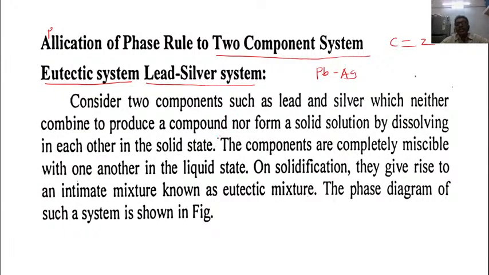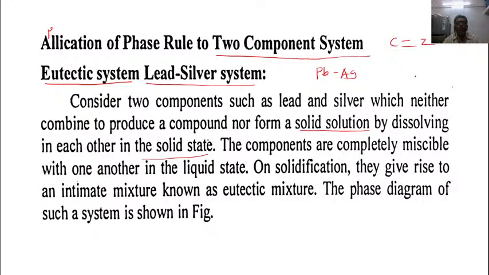Consider two components such as lead and silver, which neither combine to produce a compound nor form a solid solution. When we are mixing these two metals, they neither combine to produce a compound nor form a solid solution by dissolving in each other in the solid state.